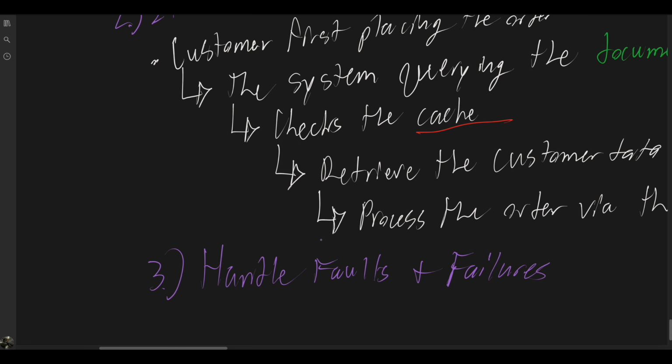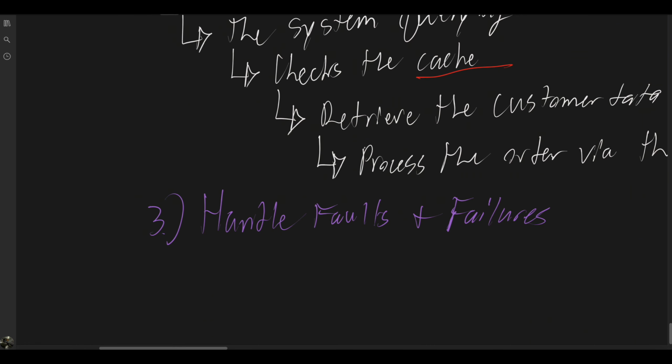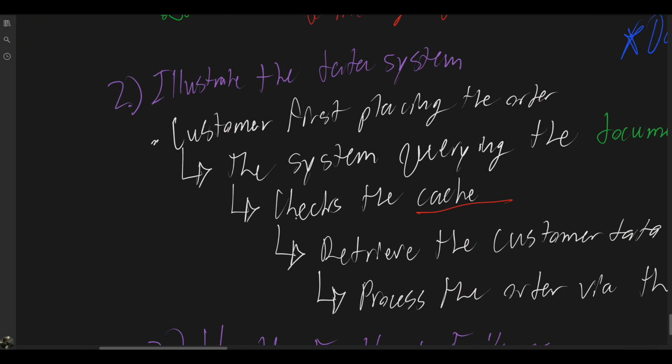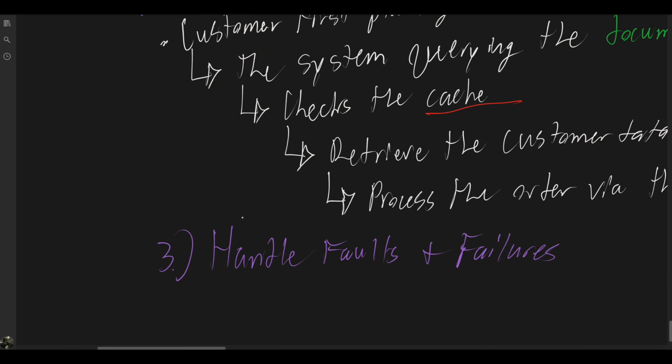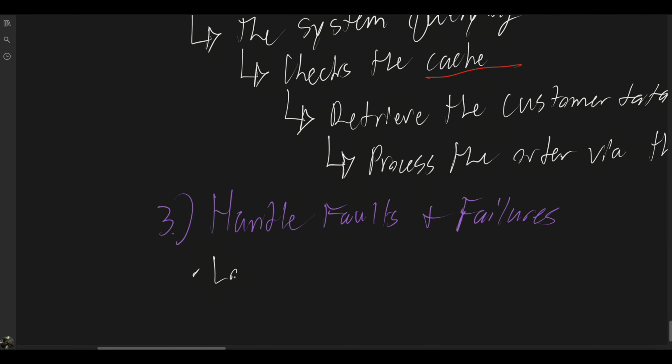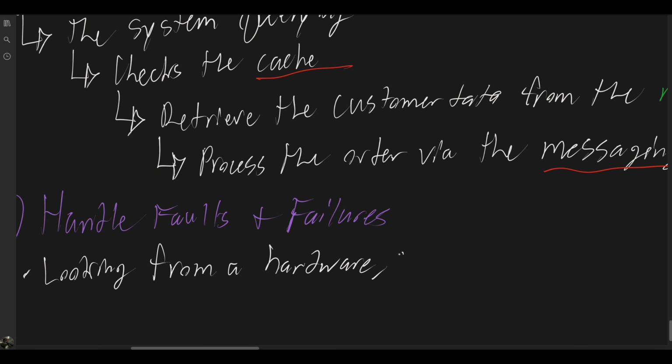And so within our workflow that we already have to handle the faults and failures, we can just go through the entire walkthrough that we already have, and we can pinpoint different faults that may occur from a hardware, software, and human standpoint.